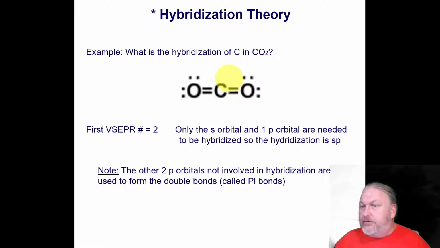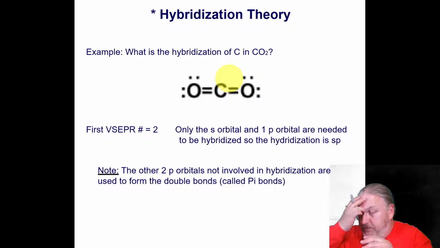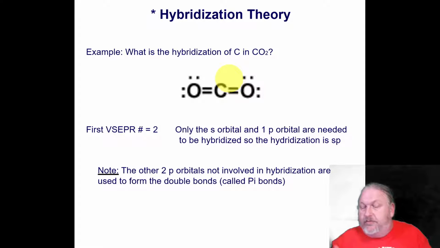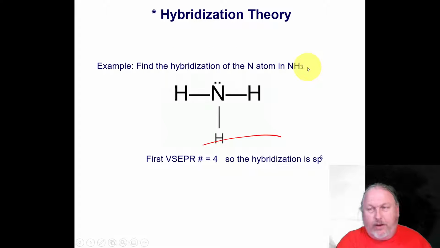Now the other 2 p orbitals are going to move around the bonds, and they're not going to be part of the hybridization. And those are what we are using to form the double bonds. We call the second bond of a double bond a pi bond. That's all we really need to worry about right now.